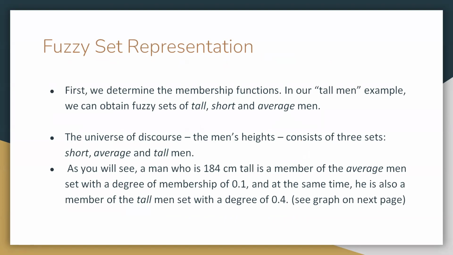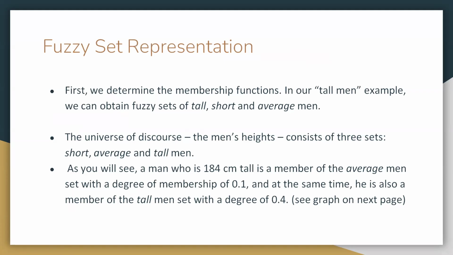So once we determine the membership function, in our tall men example, suppose you have fuzzy sets of tall, short, and average men. The universe of discourse consists of these three sets. As you can see, a man who is 184 centimeters tall is a member of the average set with a degree of membership of 0.1.